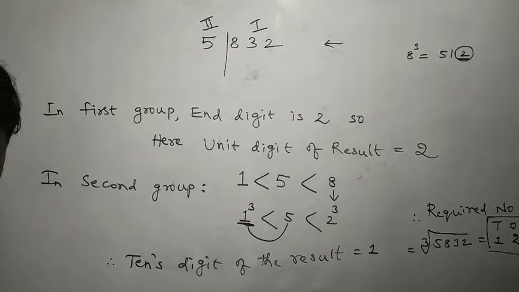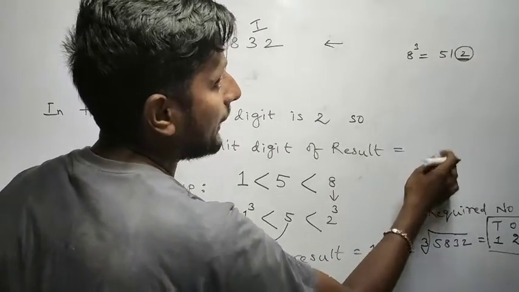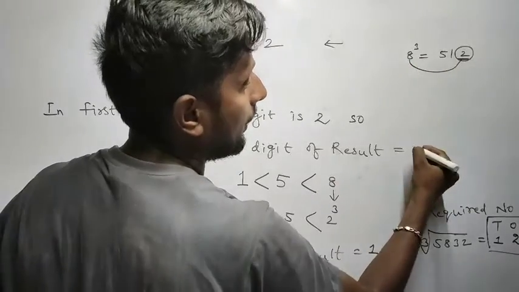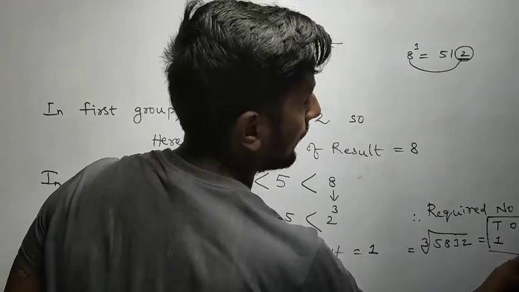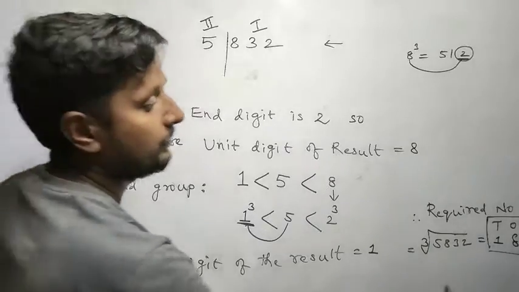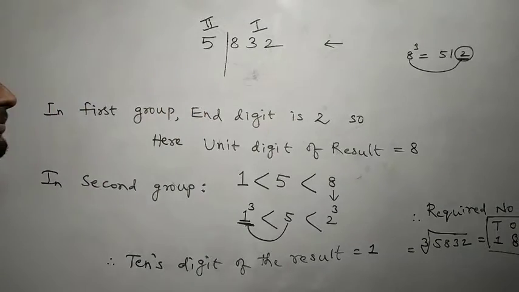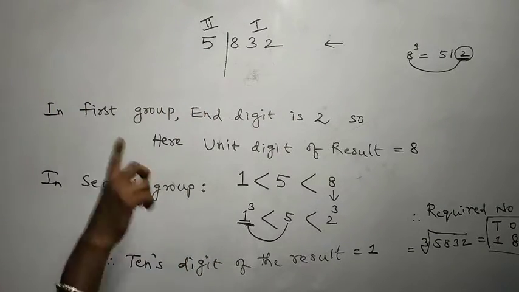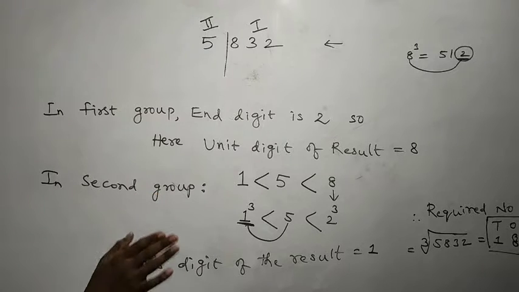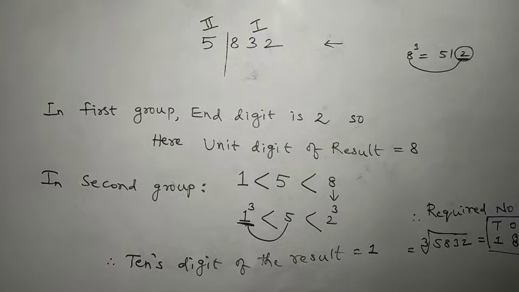If you make 12 into 12 into 12, oh sorry, here the end number ends with 8, am I right? 8 I said, yes, 8. So here also we'll write it as 8. Now if you make 18 into 18 into 18, that gives the answer 5832.